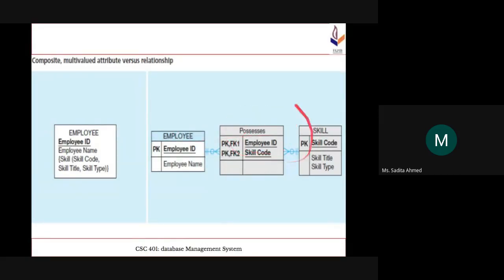So the role of possesses is what? দেখো possesses কিন্তু employee ID skill কোড ছাড়া অন্য কোনো attribute নাইও. So the singular role of possesses is to associate employee instances with skill instances. Employee instance আর skill instance এর মধ্যে associationটা রেকর্ড করার জন্যই আমরা possesses এন্টিটিটা ক্রিয়েট করেছি। অ্যাকচুয়ালি possesses এখানে associative entity নোটেশনটা ইউজ করা উচিত ছিল, রাইট?